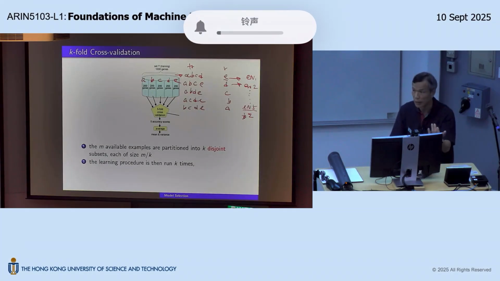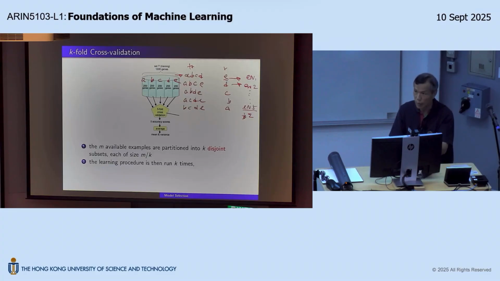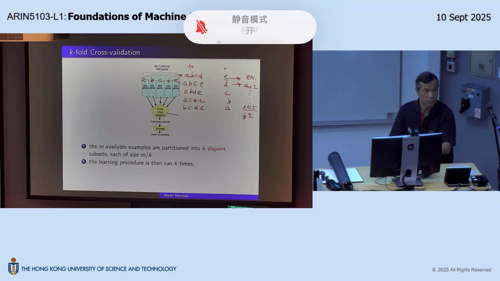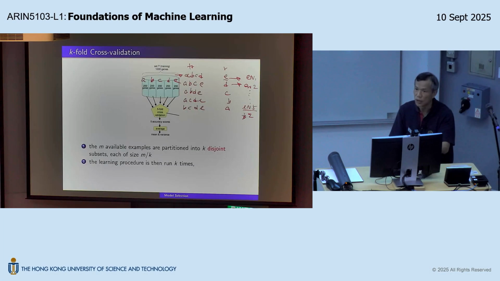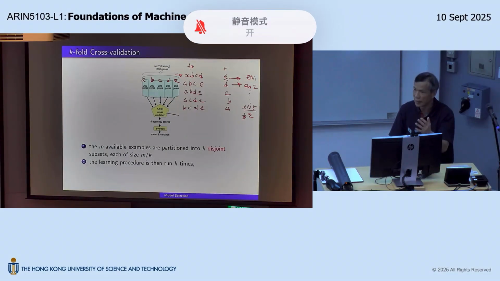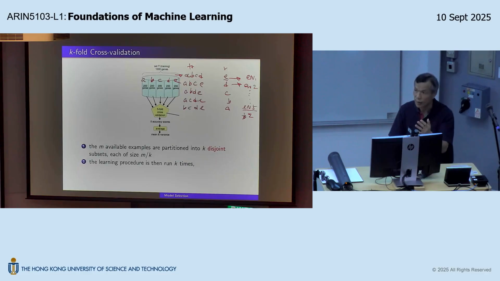It may take say 1 week or 1 month for 1 training. In that case, do you still want to do 10-fold cross-validation? No. If you want to do 10-fold cross-validation for your project and each training takes 1 month, you will not be able to submit your report. So obviously it depends.